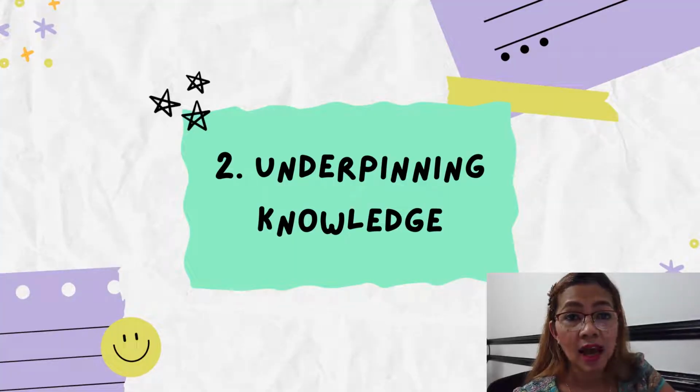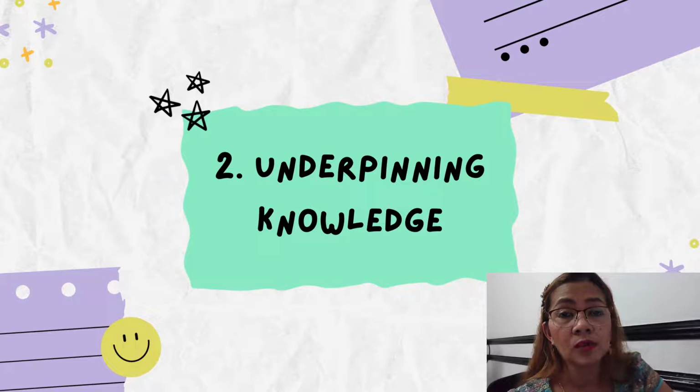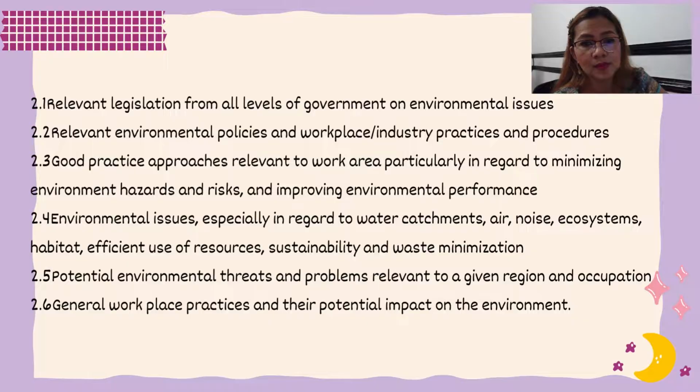Second evidence guide is underpinning knowledge. What are these critical knowledge that the student should have to acquire? For the underpinning knowledge as evidence, our students have relevant legislations from all levels of government on environmental issues.